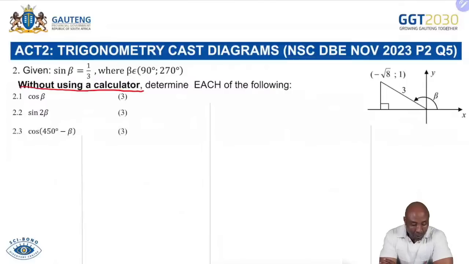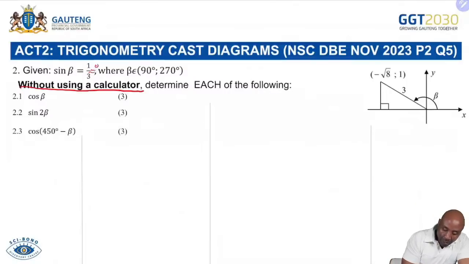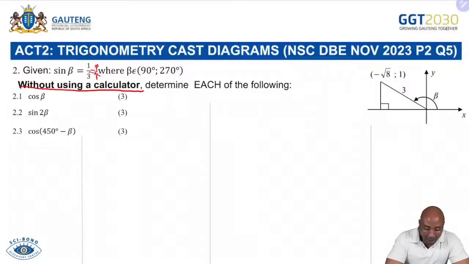Welcome back. So to answer this question, without using a calculator, we are going to use our diagram. We know that sine is y over r. Now, our y value is going to be 1, our r is 3. We draw our diagram in the second quadrant.